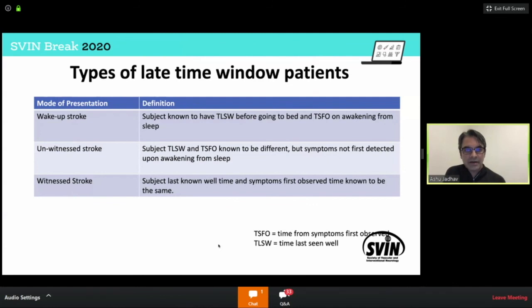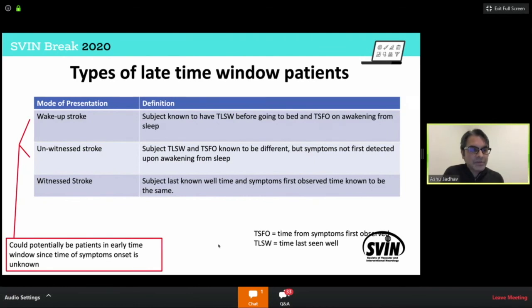Then there is the unwitnessed stroke population where the patient was last seen well at some point and then had symptom onset that was not witnessed, but these were not detected upon awakening either. So this is a second population. And then witnessed strokes are patients who have symptoms, they're witnessed, we know exactly when the symptoms started, but they present to reperfusion therapy options at a late time window. So these are the three populations we think about.